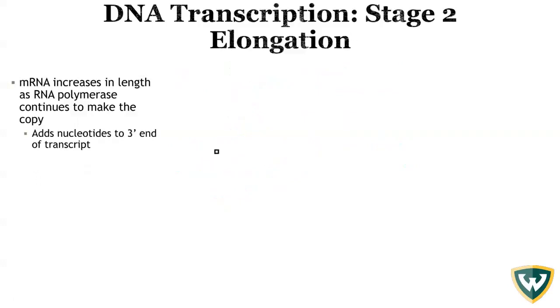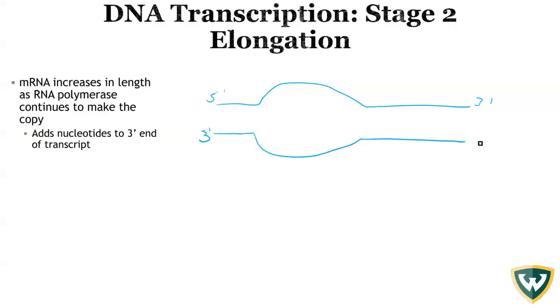This brings us to the second step of transcription, which is basically elongation. If we go back to our picture of the previous slide, where we had a double-stranded DNA that has been docked by an RNA polymerase, it's a big molecule that kind of grabs onto it.